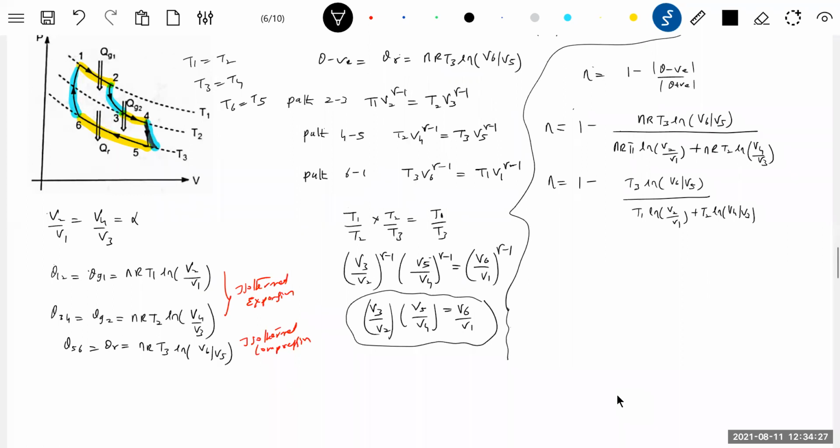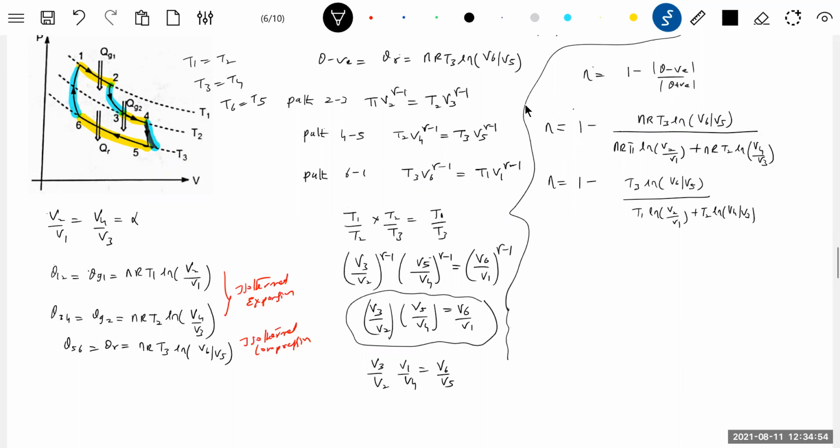Answer T1 plus T2 minus T3. Check once. Shrestha, check once. Numerator. Okay, I'll do one thing. Yeah, everyone check answer once.